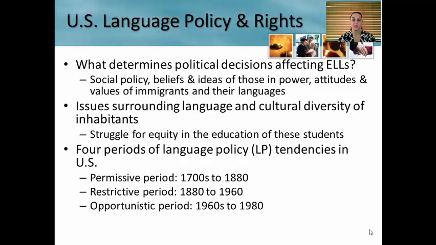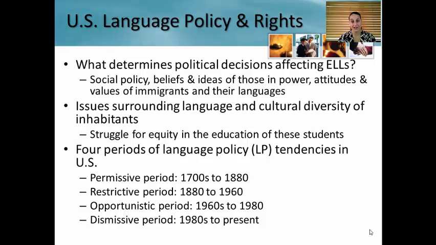Then there was a shift towards equal access, equal benefits, and even heritage language support between the 1960s and 1980s. And then that last period, we're actually in that period, the dismissive period, the 1980s to the present, we see a decline of support towards those language policies that were being set up in that previous opportunistic period.